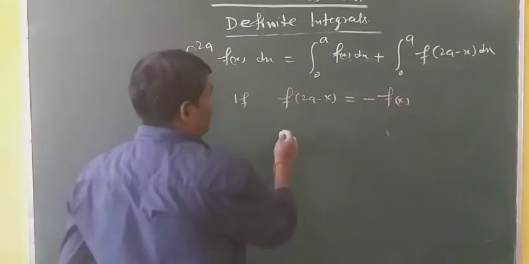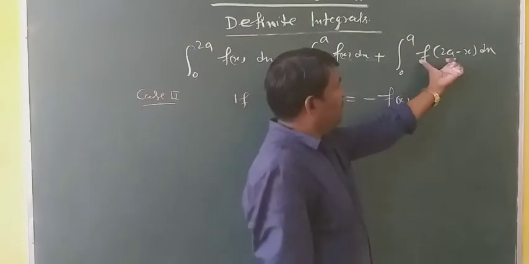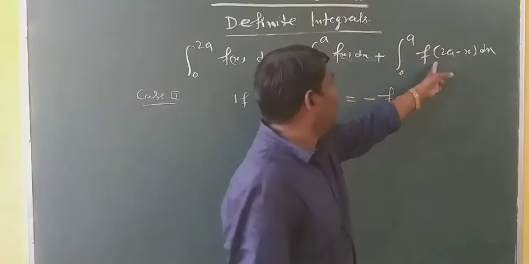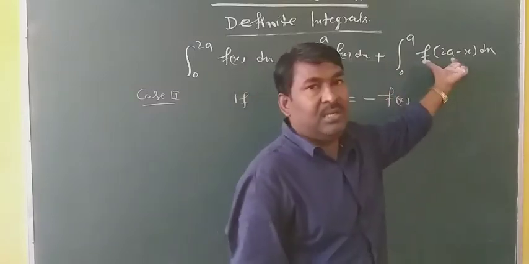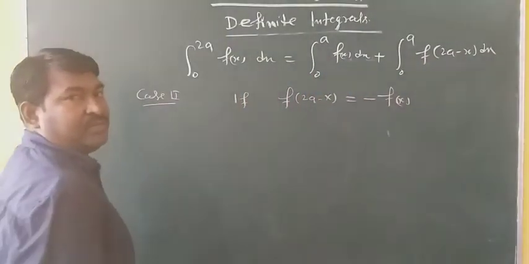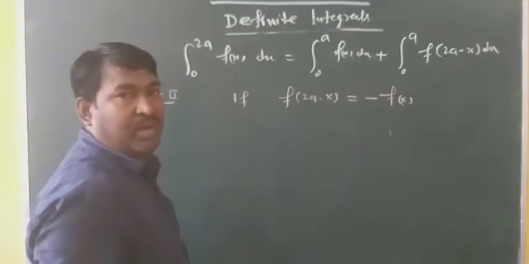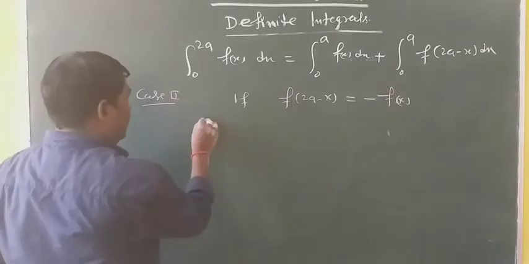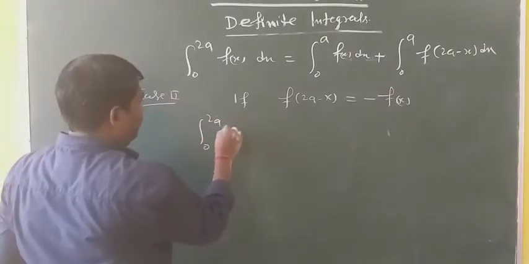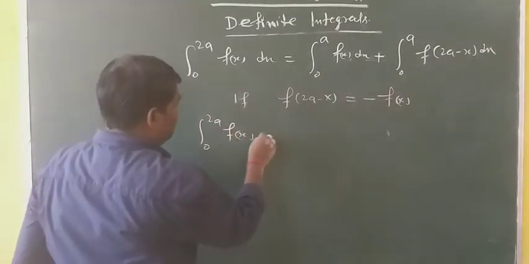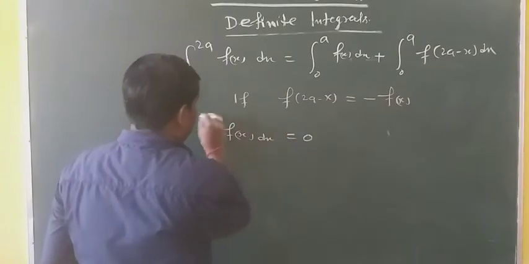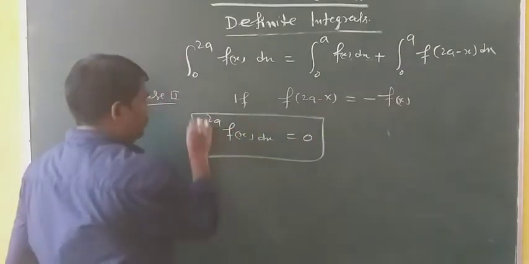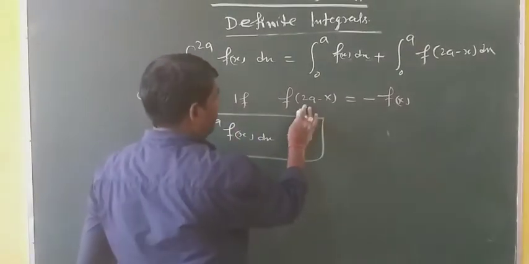Just see, in the place of this you will put minus f(x). So this function and the second function will be equal and opposite, and they will cancel each other. That's why integral from 0 to 2a of f(x) dx will now be equal to 0, with this condition.